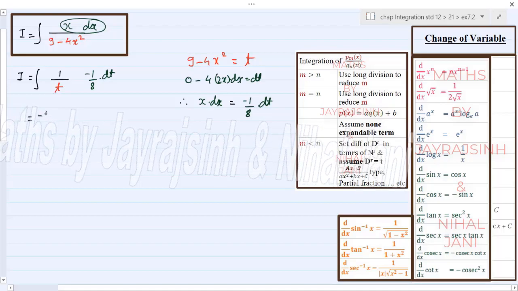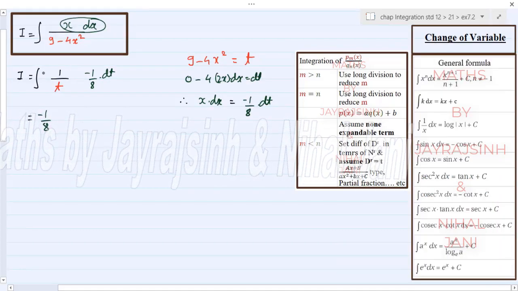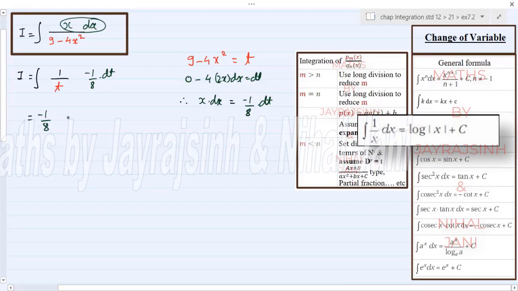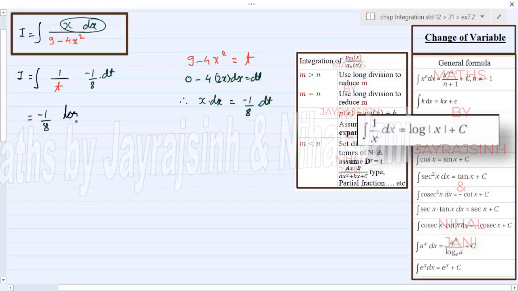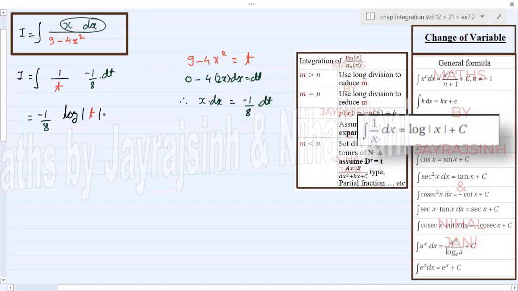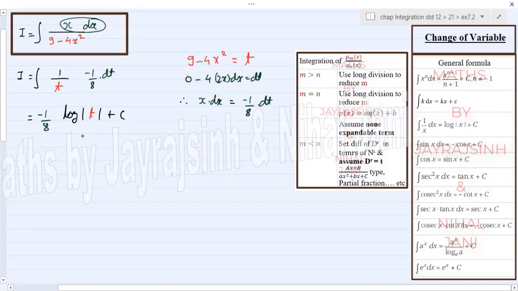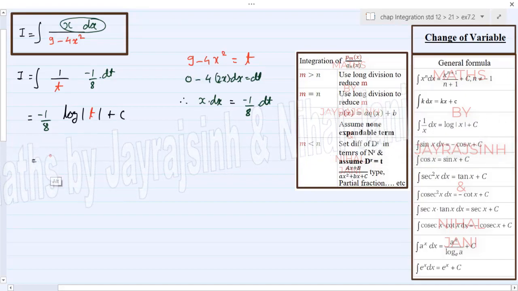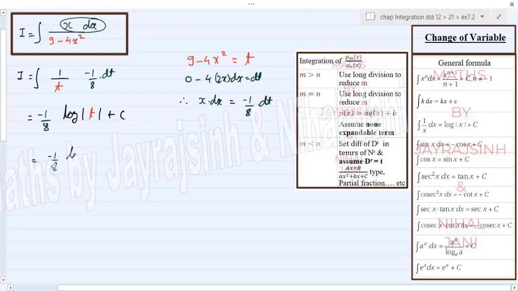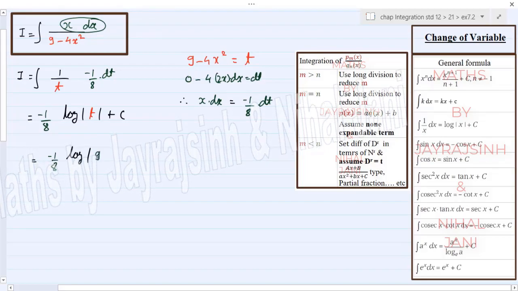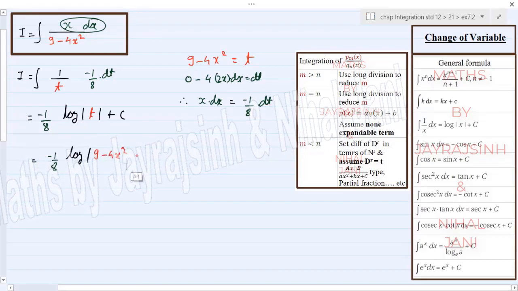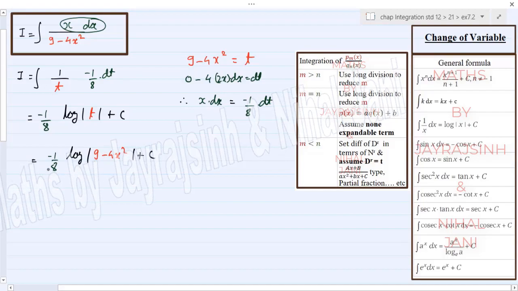So we don't have to worry about this 1 by 8. We just have to integrate 1 upon t, which is log mod t plus c. And to get the final answer, just substitute the value of t, which is 9 minus 4x square, plus c. Ta-da!